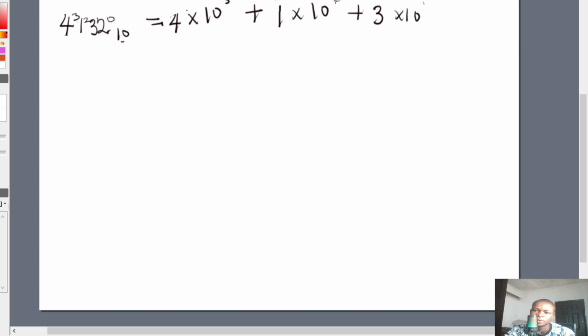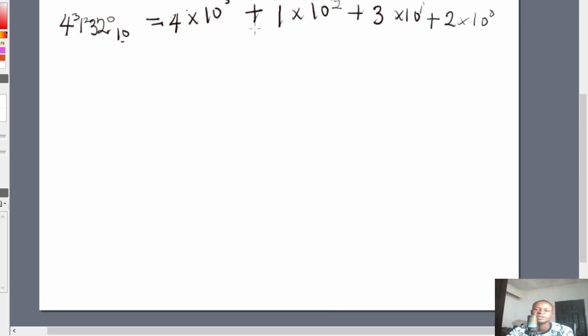So here we have raised to the power of 2, and here we have raised to the power of 1. Here we have plus 2 times 10 raised to the power of 0.